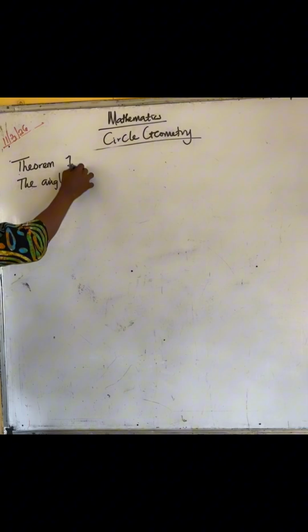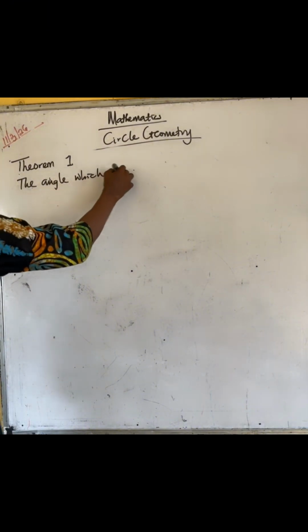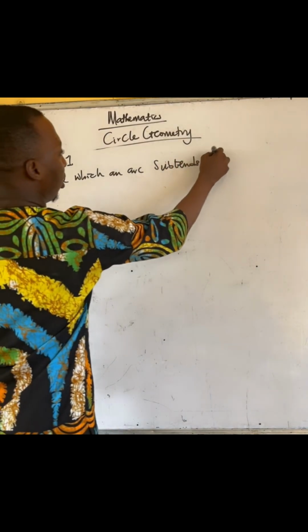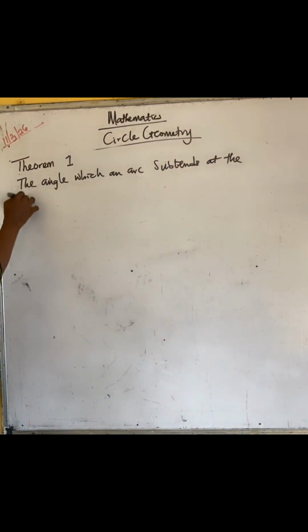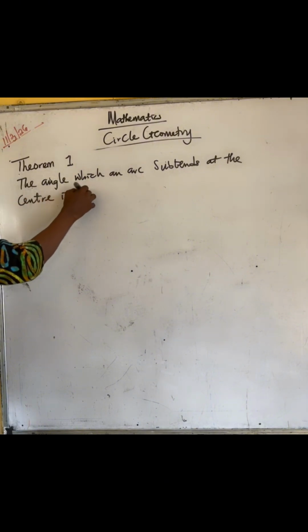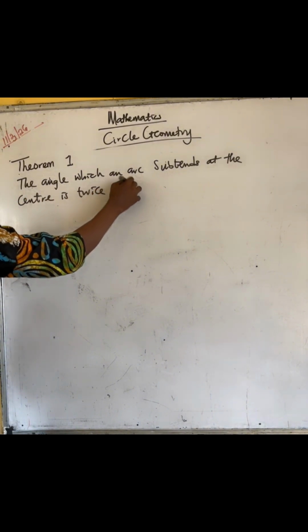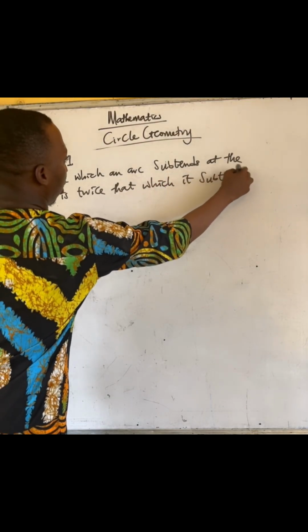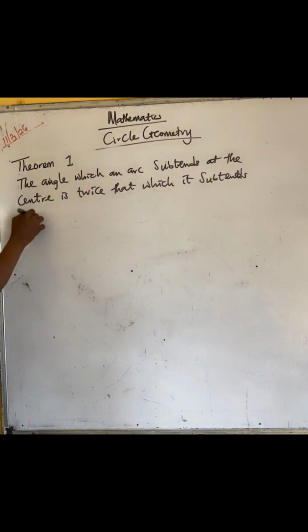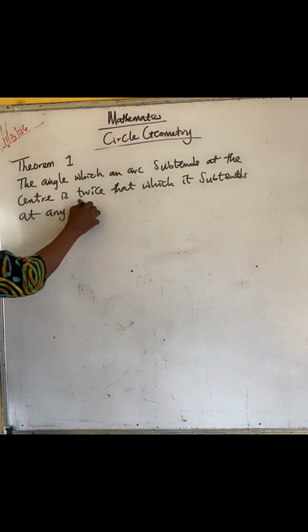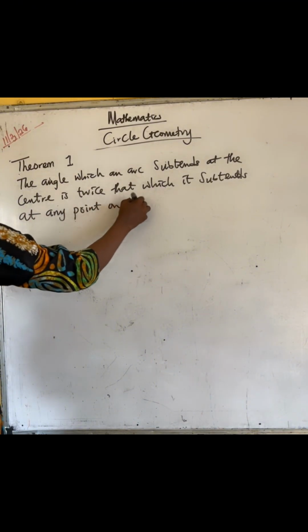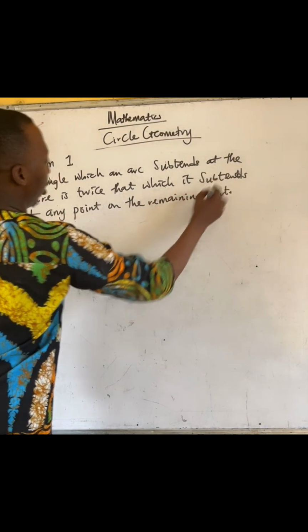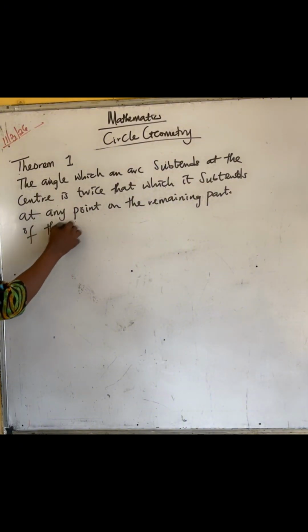the angle with which an arc subtends at the center is twice that which it subtends at any point on the remaining parts of the circumference.